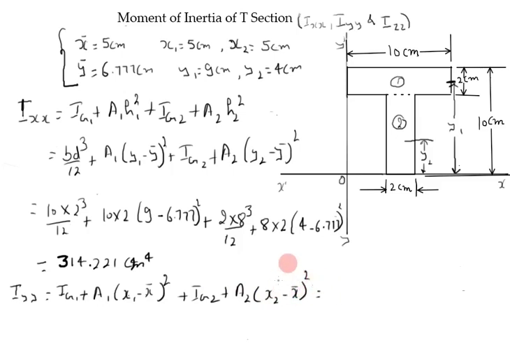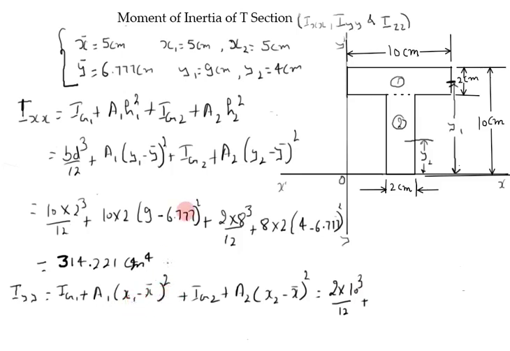Ig1 is bd cube by 12. Now b becomes 2, parallel to the y-axis, so 2 into d, which is 10, cube by 12, plus A1 times x1 minus x bar.